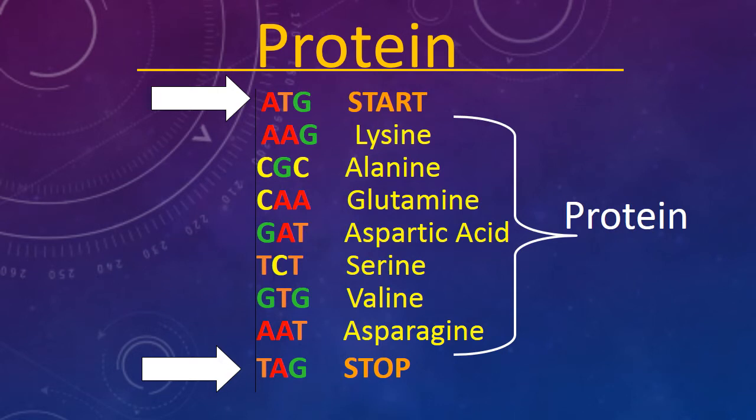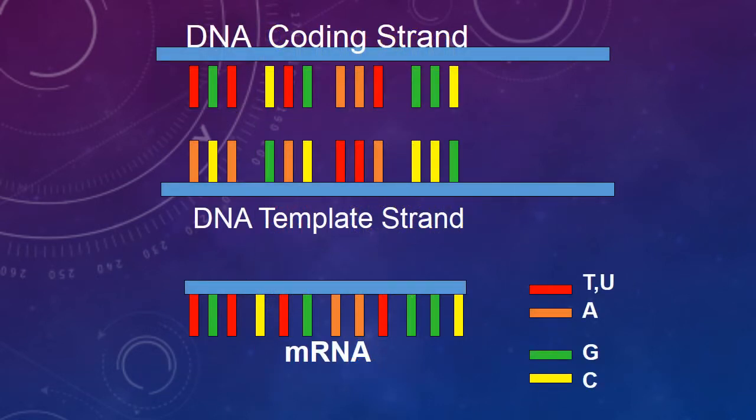Now, whenever a protein is built, it's not built inside the nucleus where the DNA is stored. It makes a copy of itself, and then that copy leaves and it builds it outside the cell. So it doesn't use the coding strand to make a copy of itself.